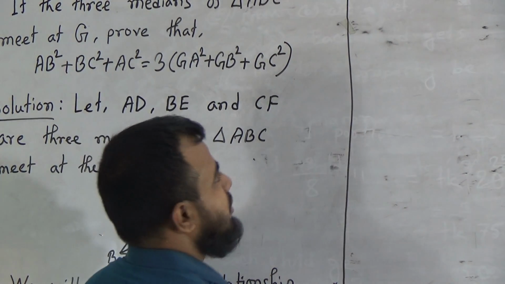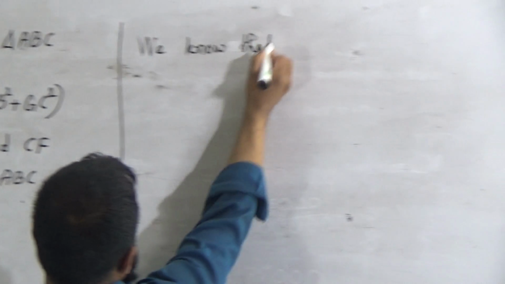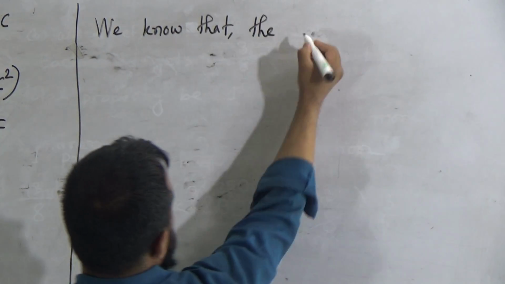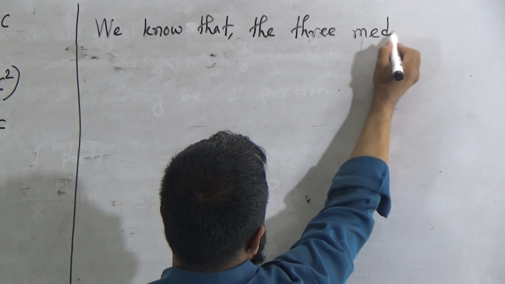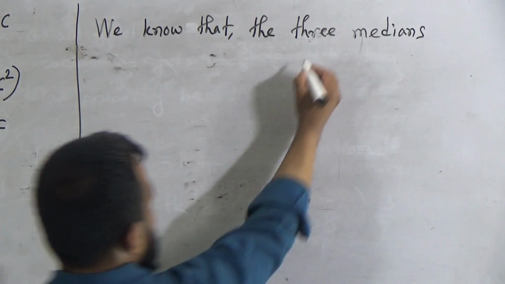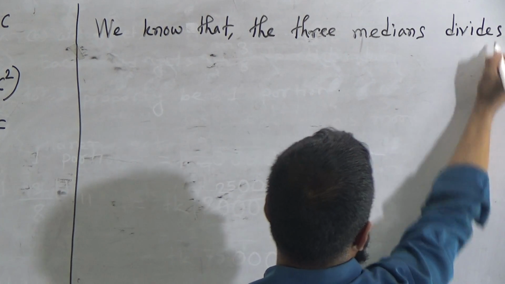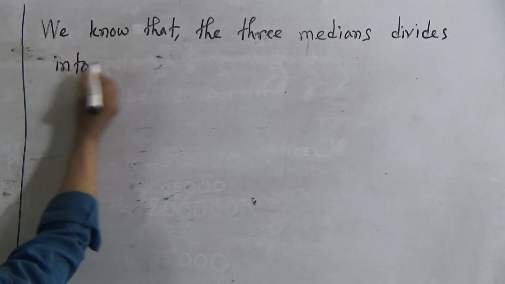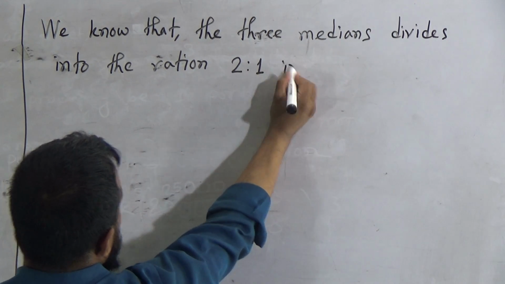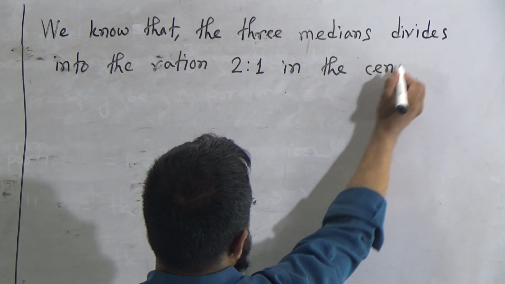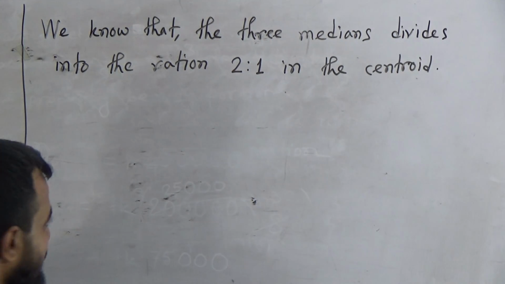Because G is the centroid, we know that the three medians divide into the ratio 2:1 at the centroid. Here the centroid is G.